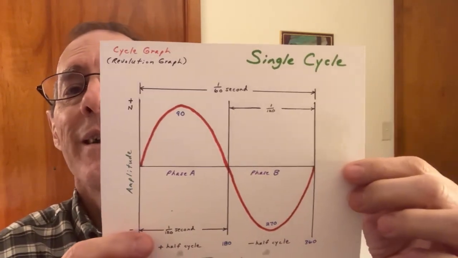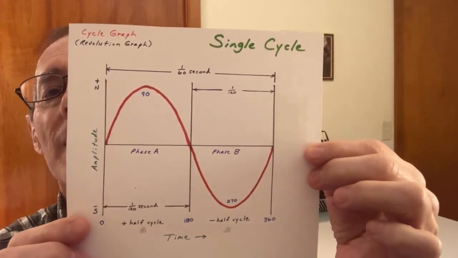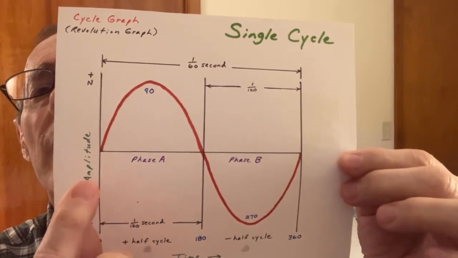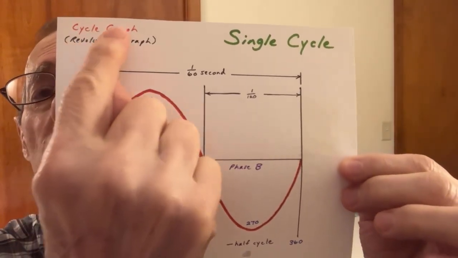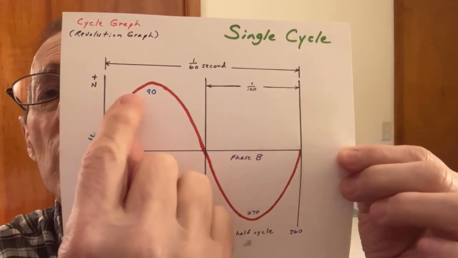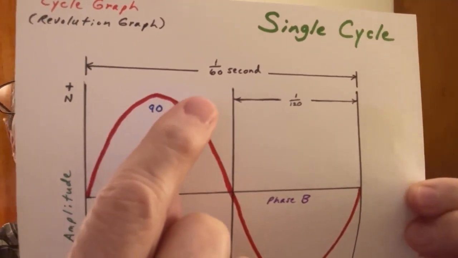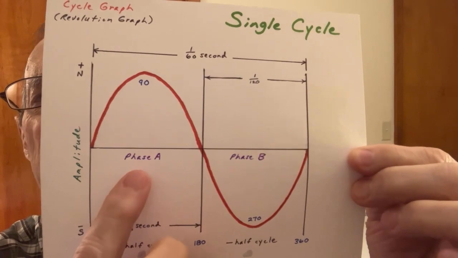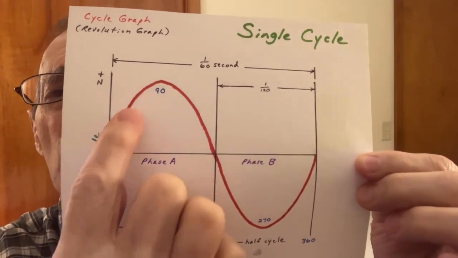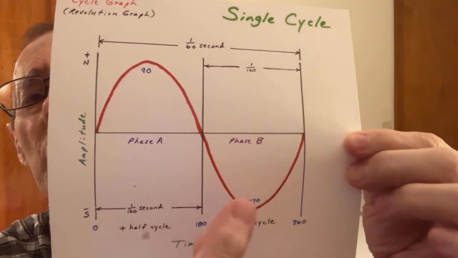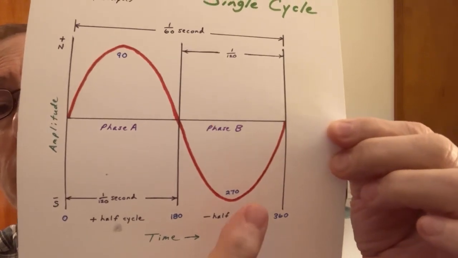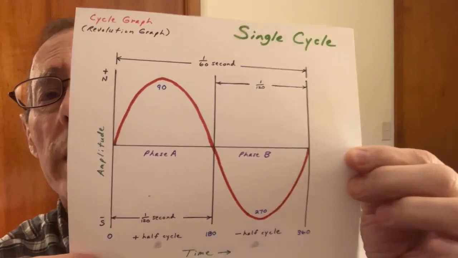This is kind of barbaric, but it's the best I could do. All right, so you see that your cycle graph shows one cycle, and that takes 1/60th of a second, and you have two phases. Current goes one way during this phase, current goes the other way during this phase, all right?